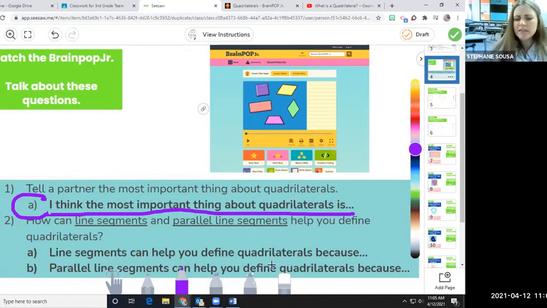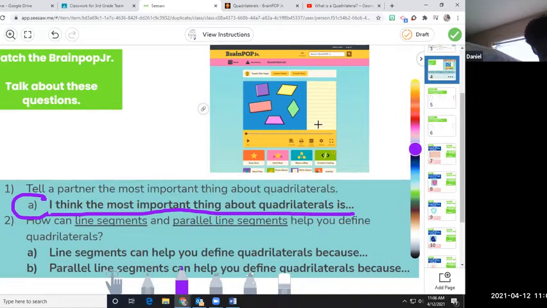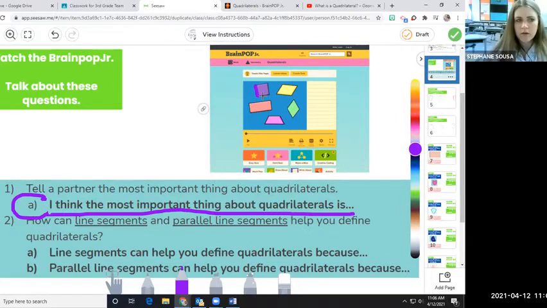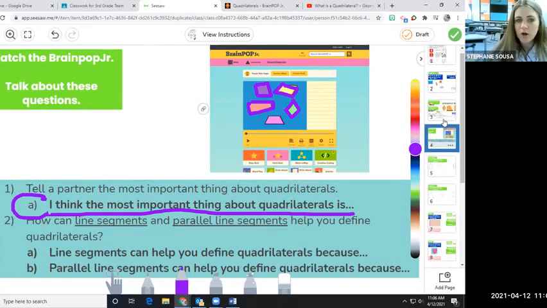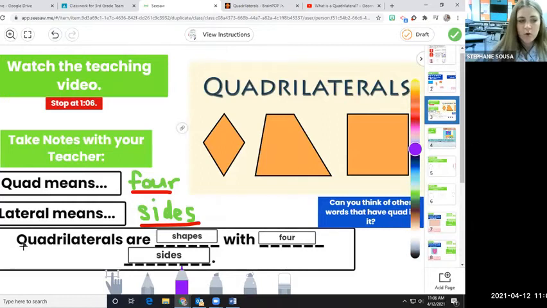Daniel, how many line segments do quadrilaterals have? Check out our examples right here. 1, 2, 3, 4. 1, 2, 3, 4. Yep. Quadrilaterals have 4 line segments. Remember our defining feature here.